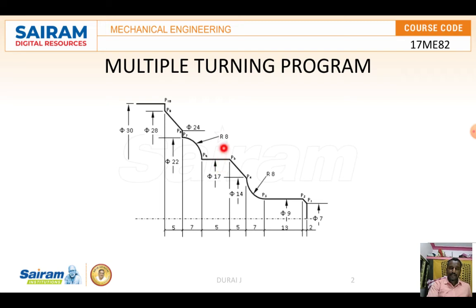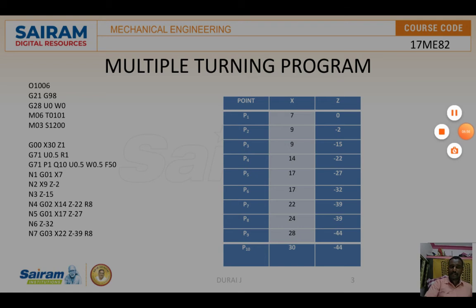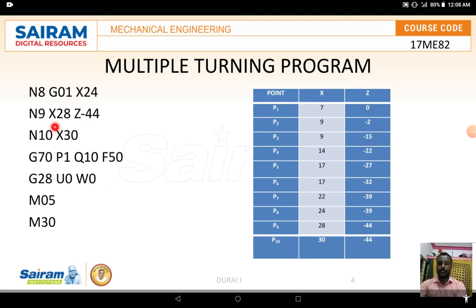Straight turning. While straight turning, what happens, we can use G01. Once P6 to P7 moving, we can use the G03 command. So G03 command X22 Z minus 13. Okay, so like this finally it comes G01 X24 and G01 X28 Z minus 4 and finally X30.